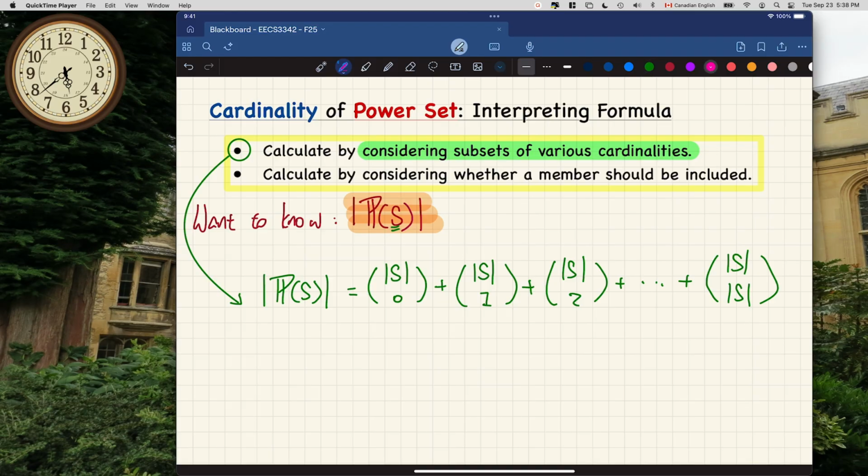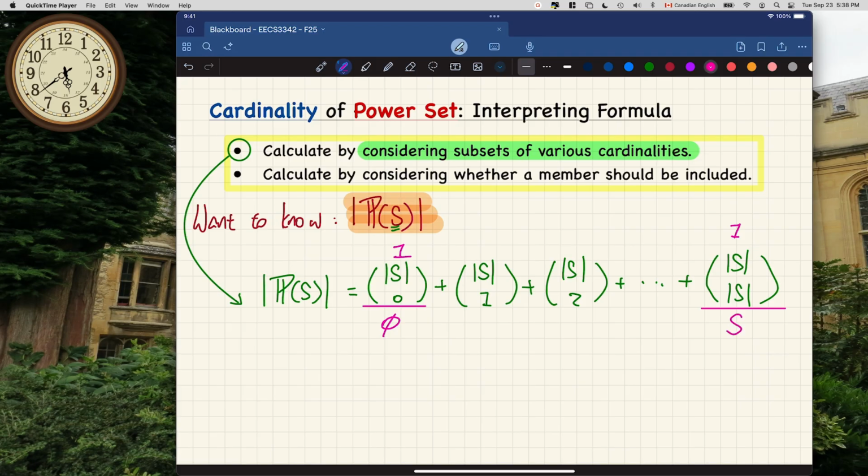The special cases: choosing 0 corresponds to just the empty set and computes to just 1, and the last one will also be 1. This is basically the set S itself, which is also its subset, right?